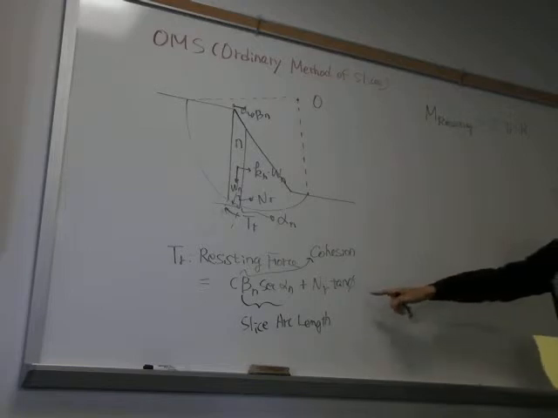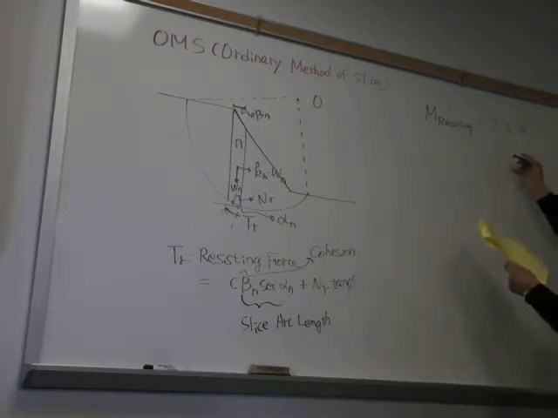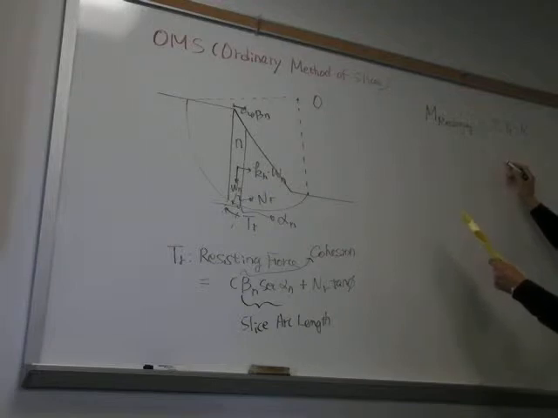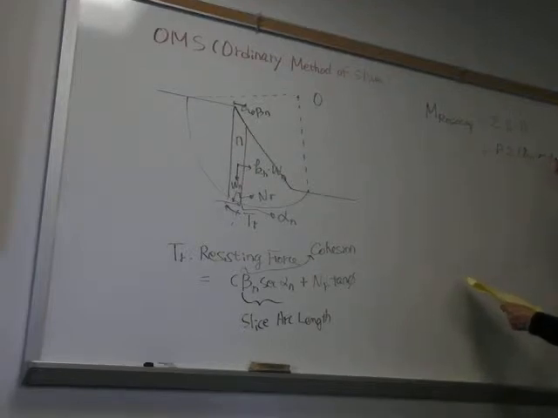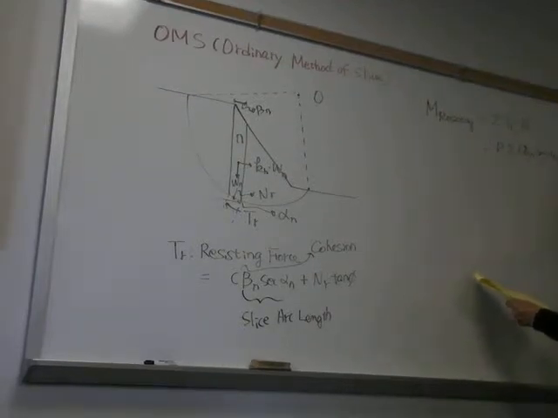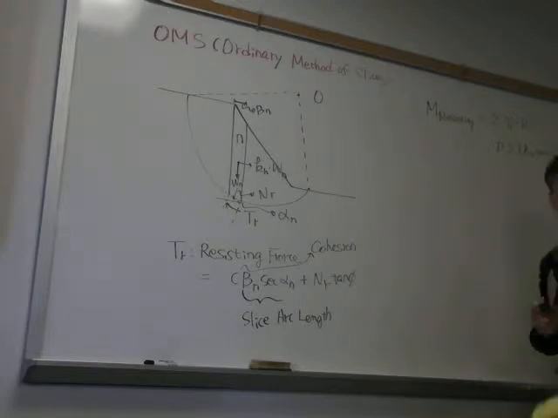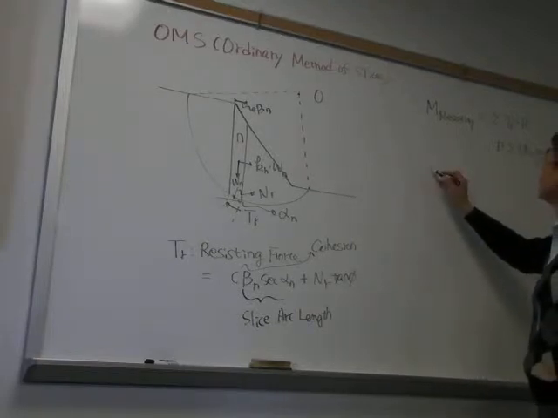And I will just plug in this TR in here. R is always constant, so I will say there is summation of c bn secant alpha n plus nr tangent phi. Then we will compute the driving moment.